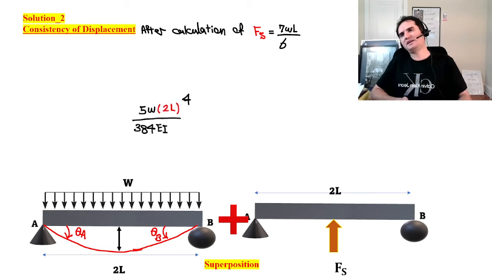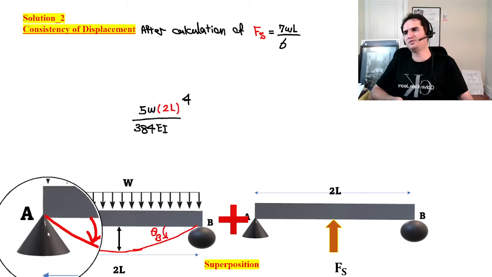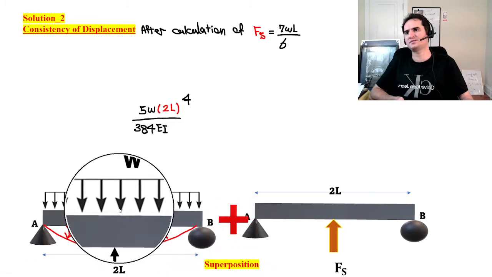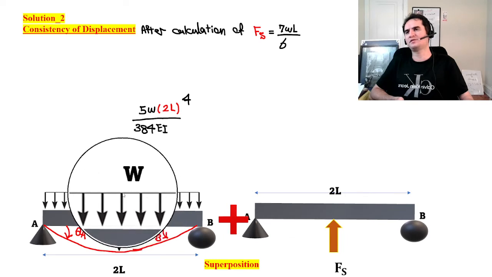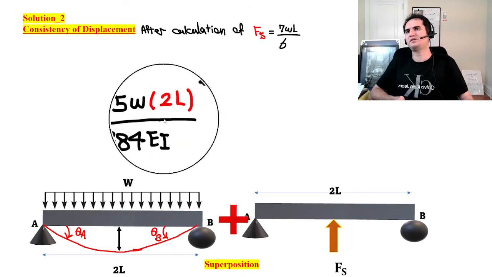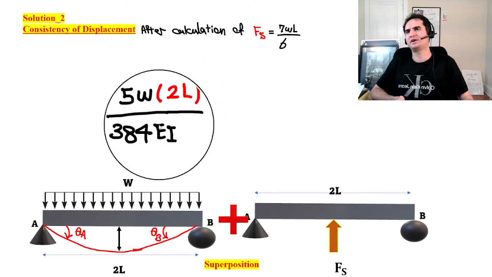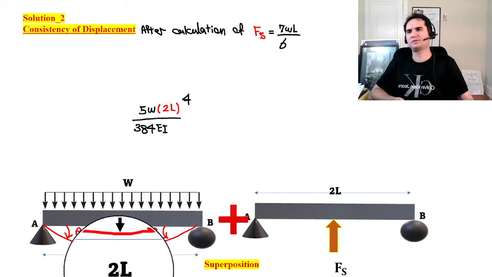Do you remember we discussed the displacement of a two simple support beam with uniformly distributed load W, and that was 5W times L to the power of 4 over 384 EI. But our length here is 2L. Just be careful about that.